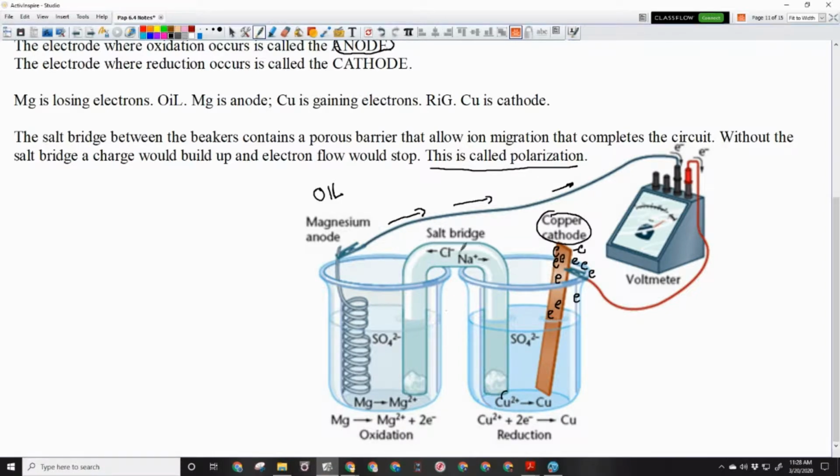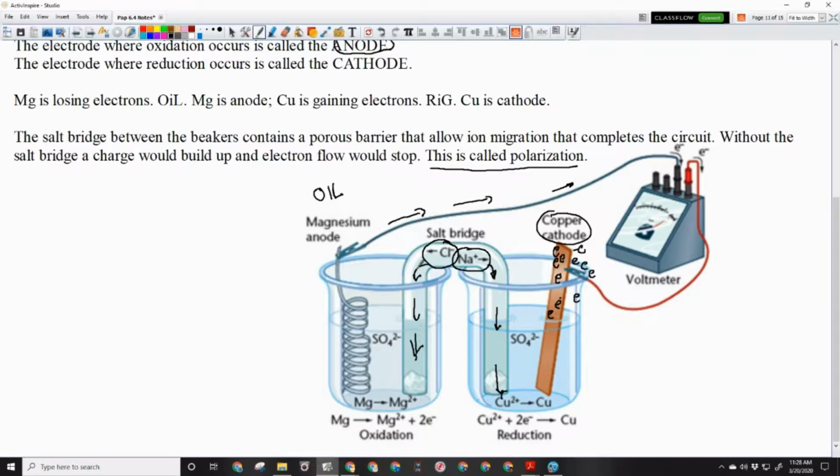So what's going to happen is, because there is a negative buildup on this side, it's going to pull the positive ion from the salt in this direction. So it's going to pull the sodium ions this direction. The sodium ions are going to neutralize these negative charges, and that's going to make the battery last longer. And vice versa, the chloride here is going to migrate this way.